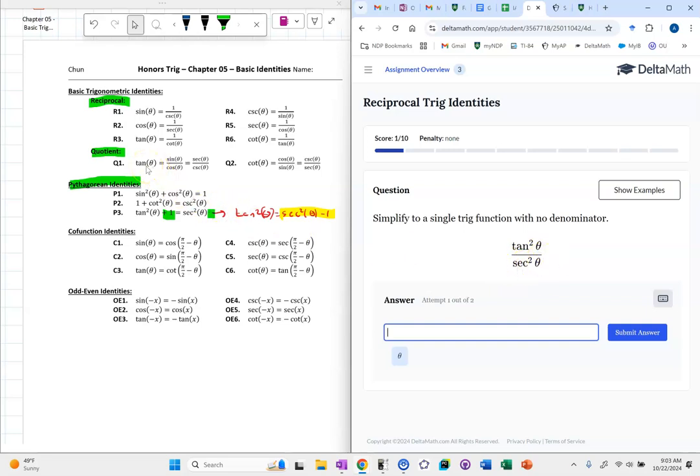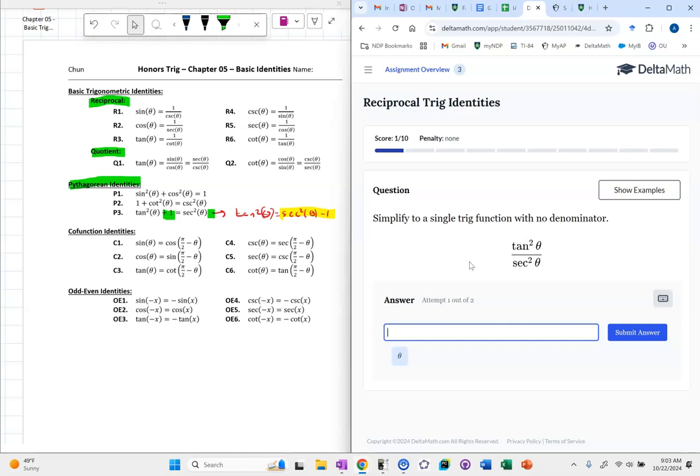That seems like a good choice to me. Since I have tan squared here, I'm going to have tan squared equals secant squared over cosecant squared. If I go to my problem, I'd have secant squared over cosecant squared times 1 over secant squared. The secants are going to cross out, so I'd have 1 over cosecant squared.